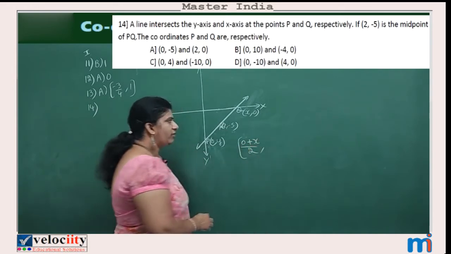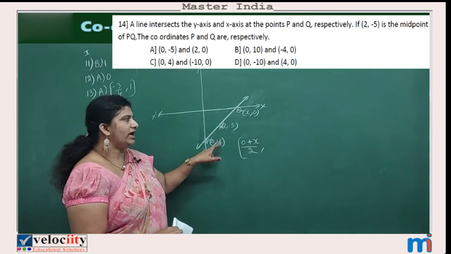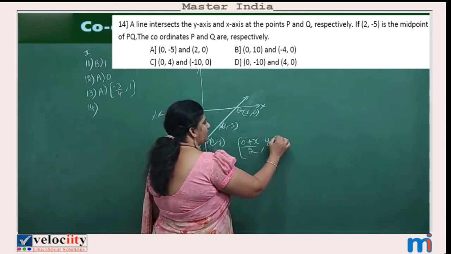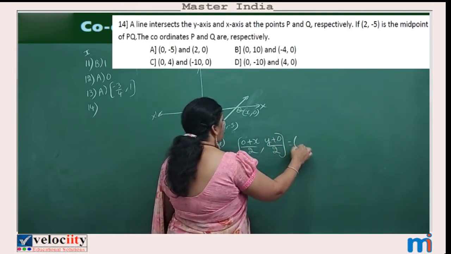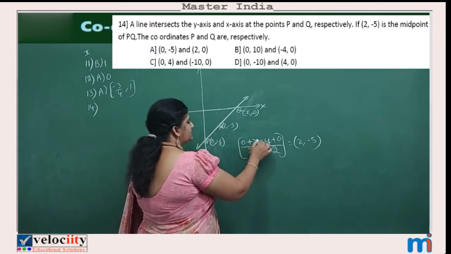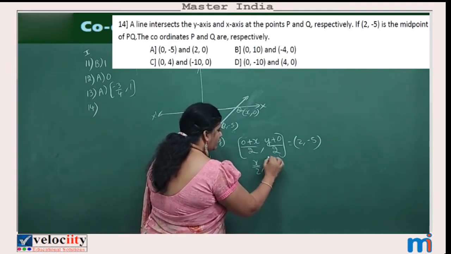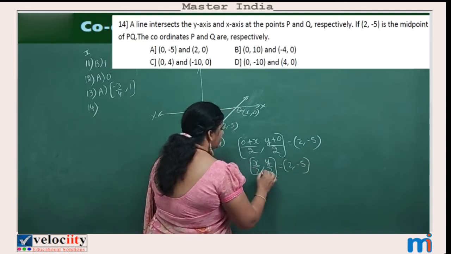Do you know midpoint formula? x1 plus x2 by 2 comma y1 plus y2 by 2. Directly you can write y plus 0 by 2. But you know what is the midpoint coordinate? 2 comma minus 5. X plus 0 I can write it as x by 2. Y plus 0 y by 2 is equal to 2 comma minus 5.